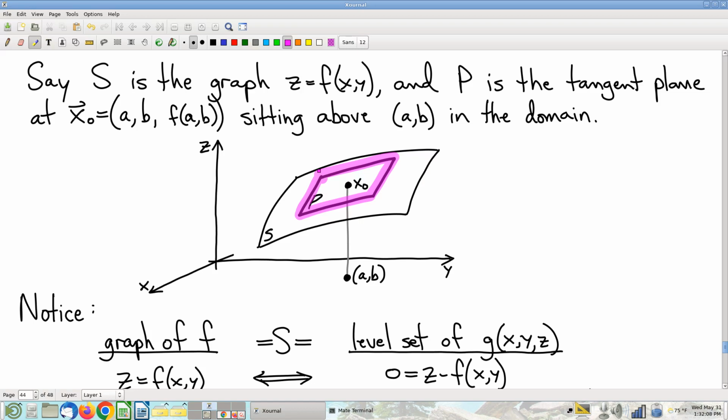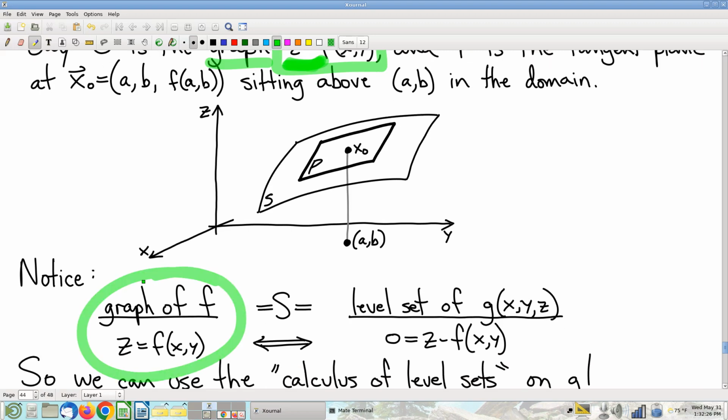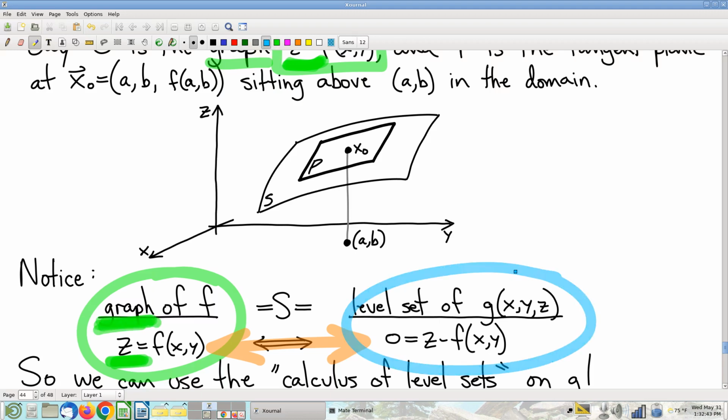What I want to do here, though, is point out that if your surface is originally viewed as a graph, just by doing a little bit of algebraic trickery, and not even that bad, just kind of moving a couple of terms around, you can reinterpret a graph of one function as being a level set of a different function, right?